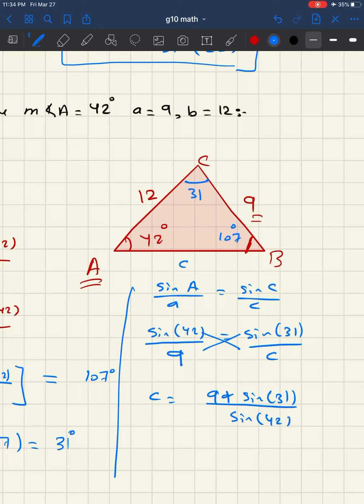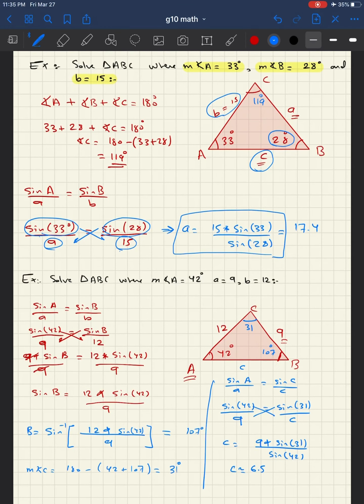Plug it on the calculator راح يطلع عندكم side C equals تقريبا 6.5 or so.